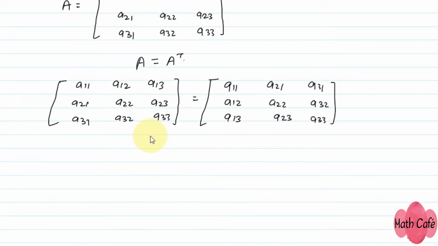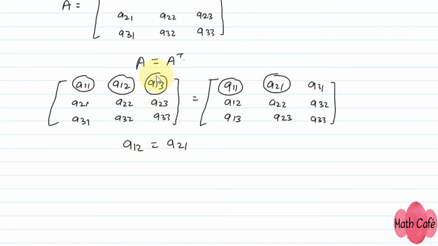In the algebra of matrices, we have already studied the equality of matrices. So if these two matrices are equal, their corresponding elements will be equal. A11 is equal to A11, which is already equal. A12 will be equal to A21, and A13 will be equal to A31.